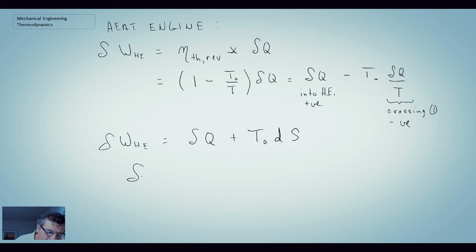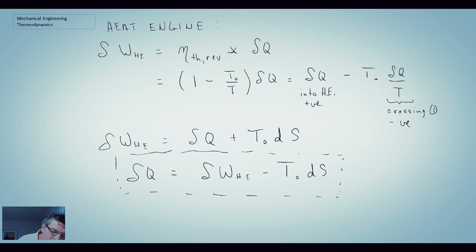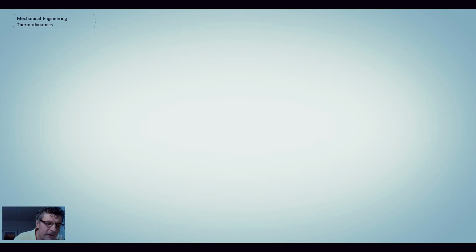And with that, I can now rearrange in terms of delta Q. And I will call this equation 2. So what I'm now going to do is sub equation 2 into equation 1, and with that we obtain the following.